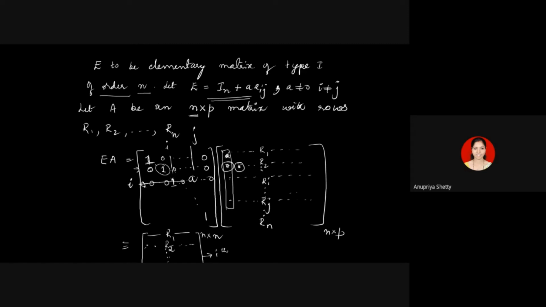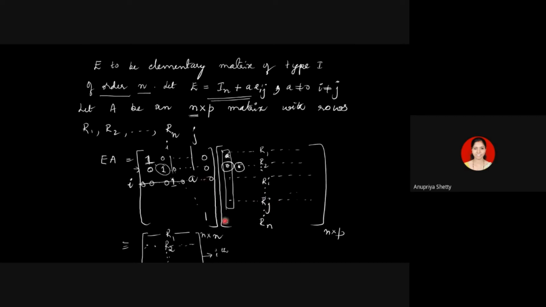Okay, so what is going to happen? If I multiply the ith row of the first with the first column, 0 into the first entry plus 0 into the second entry, etc. This 1, you check this 1, this is in the ith place. So this 1 gets multiplied with the first entry in the ith row, plus 0 into the other entries, plus there is A in the jth place and that A gets multiplied with the entry which is present in the jth row.